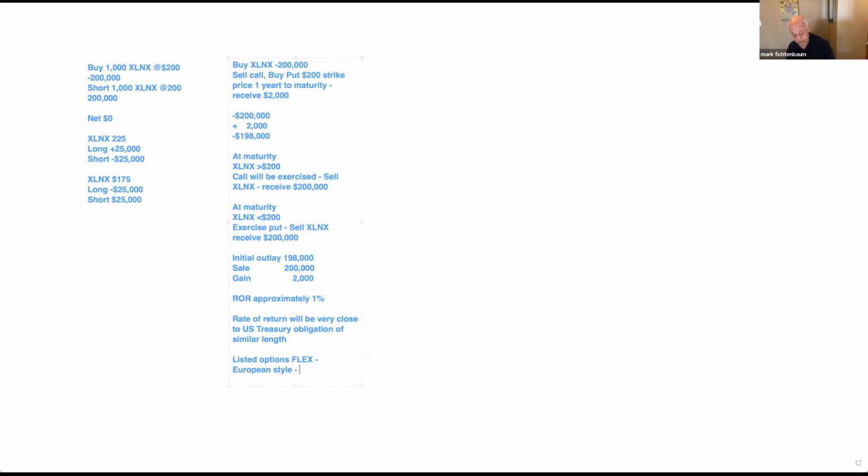But remember, European style option means it can only be exercised at maturity. And when we do things with tax planning, and we're using options, we like them to be European style. But there are these flex options traded on the exchange, they're listed, and they can be set up to be European style.